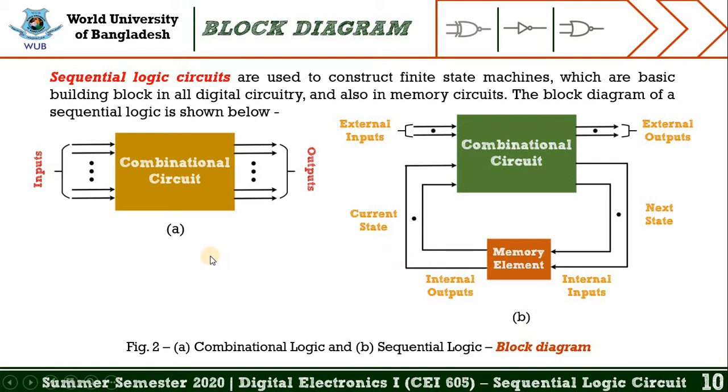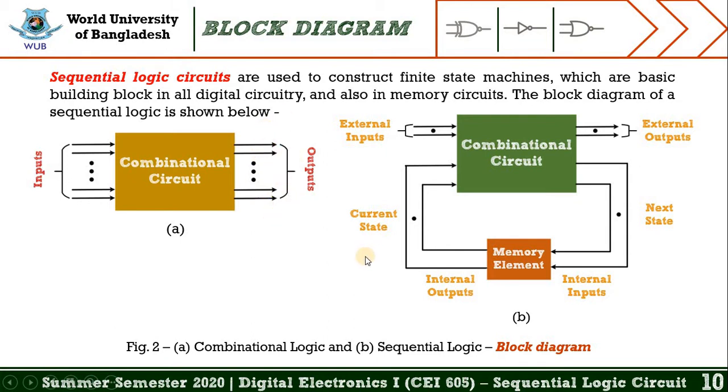And if you look at figure A, the block diagram of combinational logic circuit, you may find there are three sections: left section, middle section, and right section. You may find the number of inputs in the left section, and the number of outputs in the right section.